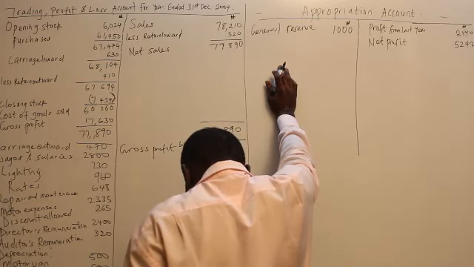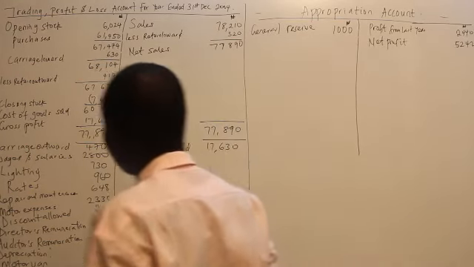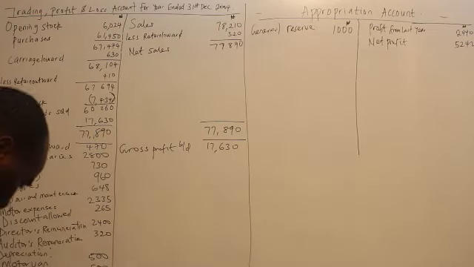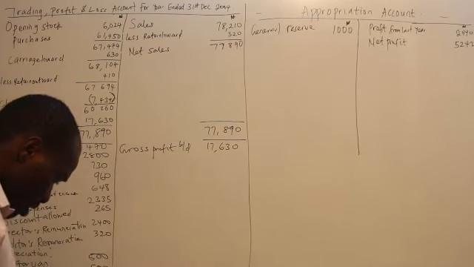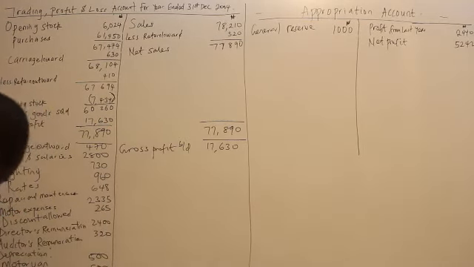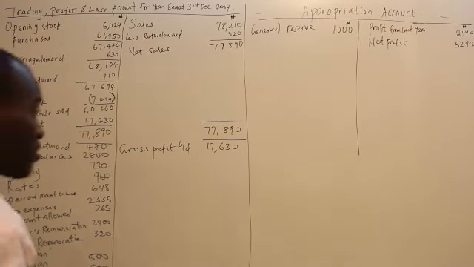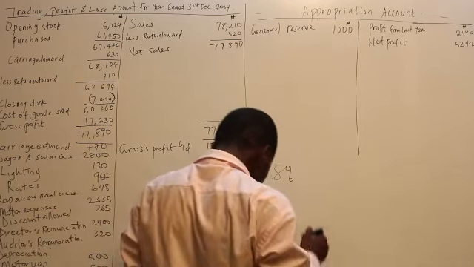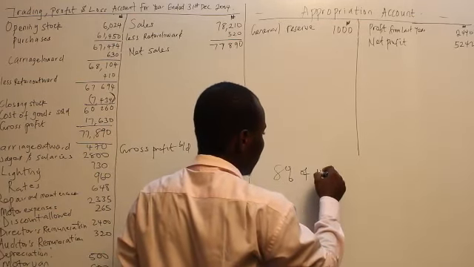The next thing is to provide for the final preference dividends. We are giving that to 5,000 8% preference shares of 1 naira each. That will be 8% dividends given to preference shareholders. How many shares? It's 5,000 shares, 5,000 naira.